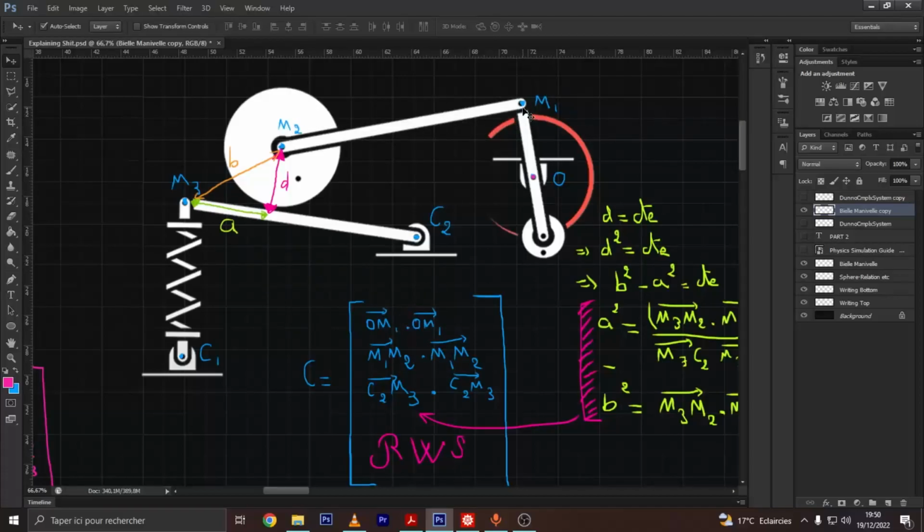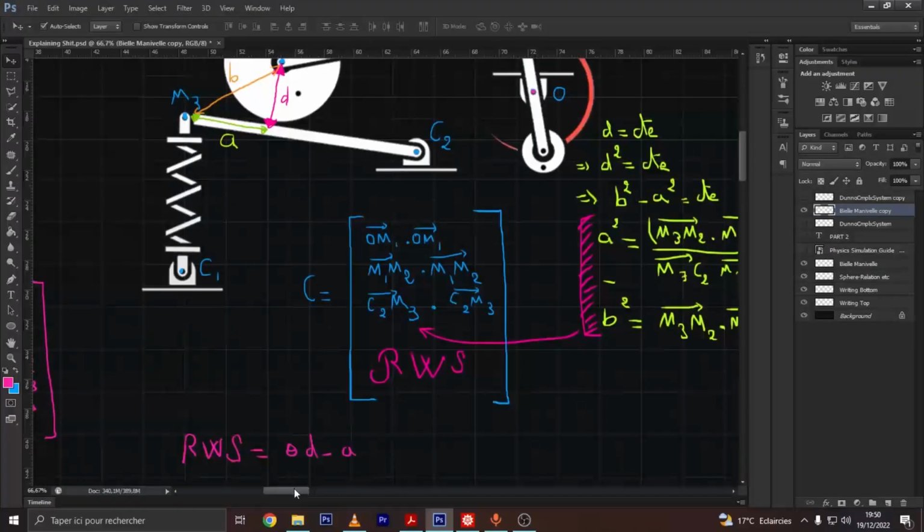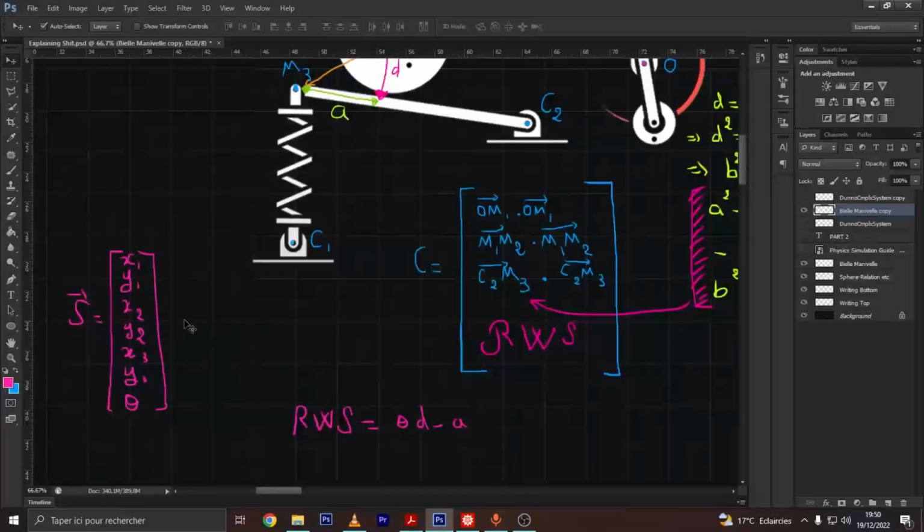Secondly, M1, M2. So we need to define this constraint actually as a function of the parameters of S. And as you see, OM1 times OM1 is just x1 squared plus y1 squared. And this one is just (x1 minus x2) squared plus (y2 minus y1) squared.